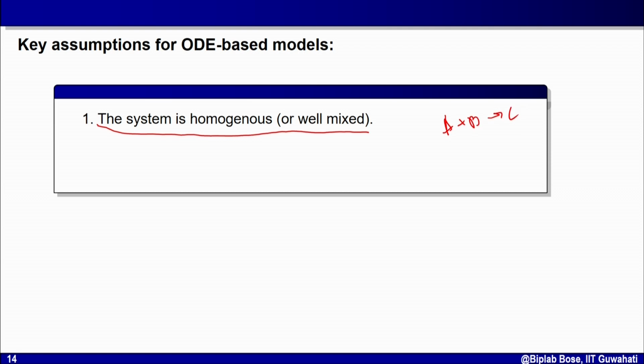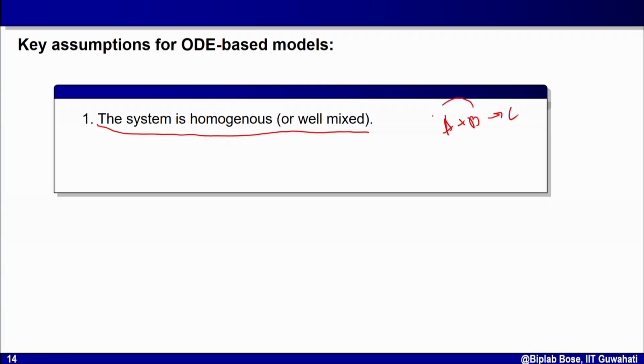If A and B are not well dispersed in the flask, if not well mixed, then somewhere the concentration of A will be more, somewhere the concentration of B will be more. So production of C will be somewhere more and somewhere less. That means the process will depend upon the position of A and B molecules inside the flask. We don't want that.